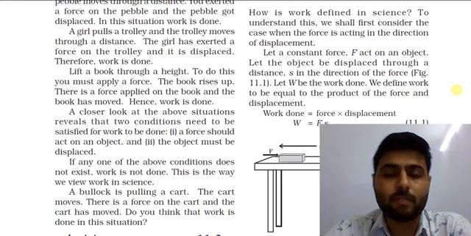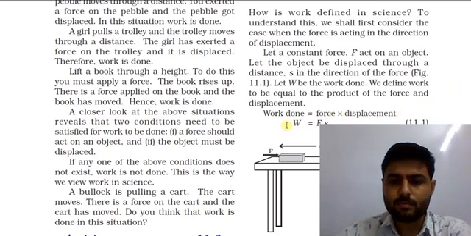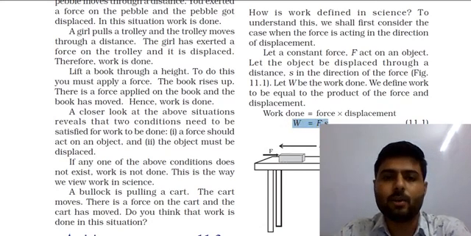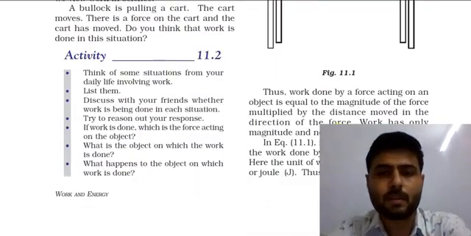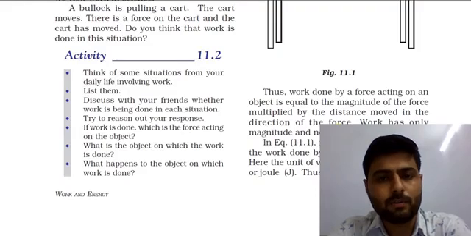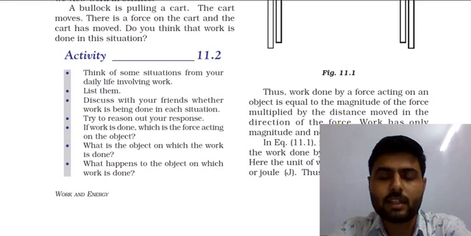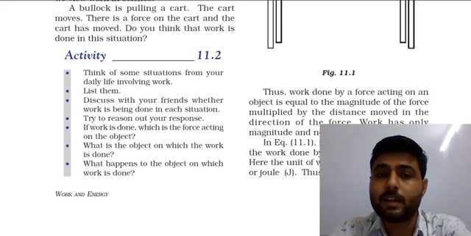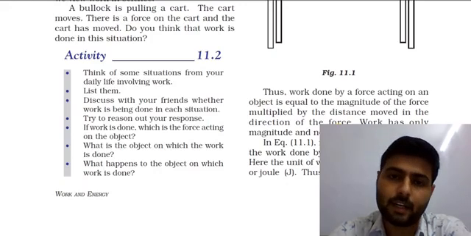By the definition of work we conclude the formula of work done, W is equal to F into S, that is force into displacement. From the formula we derive the SI unit of work as Newton into meter, because the SI unit of force is Newton and the SI unit of distance or displacement is meter.